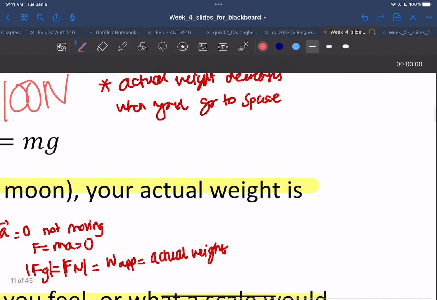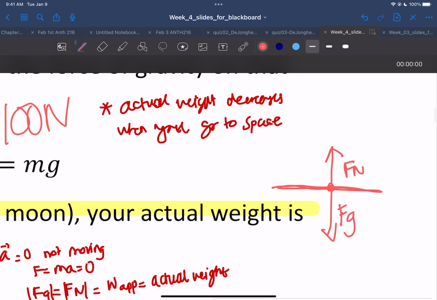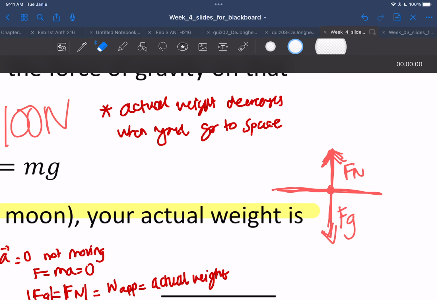Here's the scale, you step on it, here's your force of gravity, and then it gives you a value that's going to be equal to that force of gravity, Fn equal to Fg, because you don't want to sink through the scale. It just so happens to be the normal force, because if you're exerting a weight downwards, the scale has to exert a specific force, the normal force, between the surface of contact and you, equal to that to prevent you from sinking.